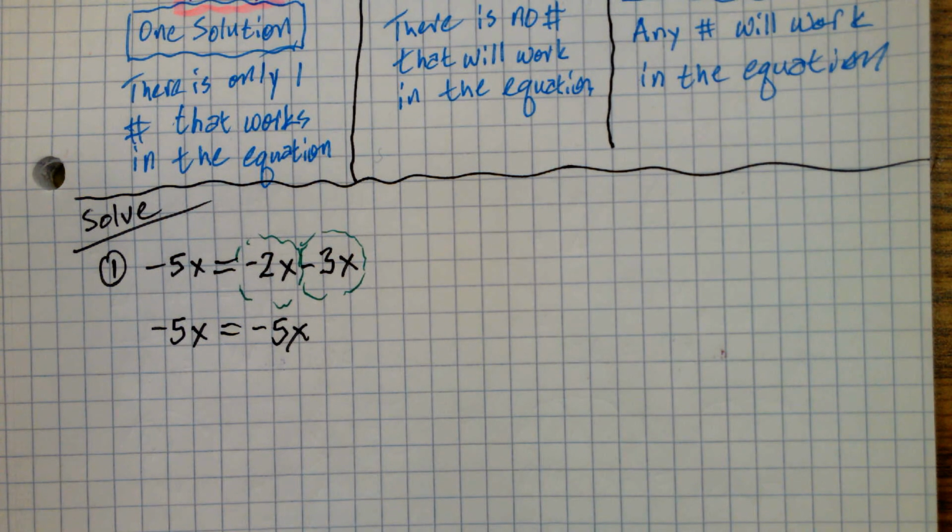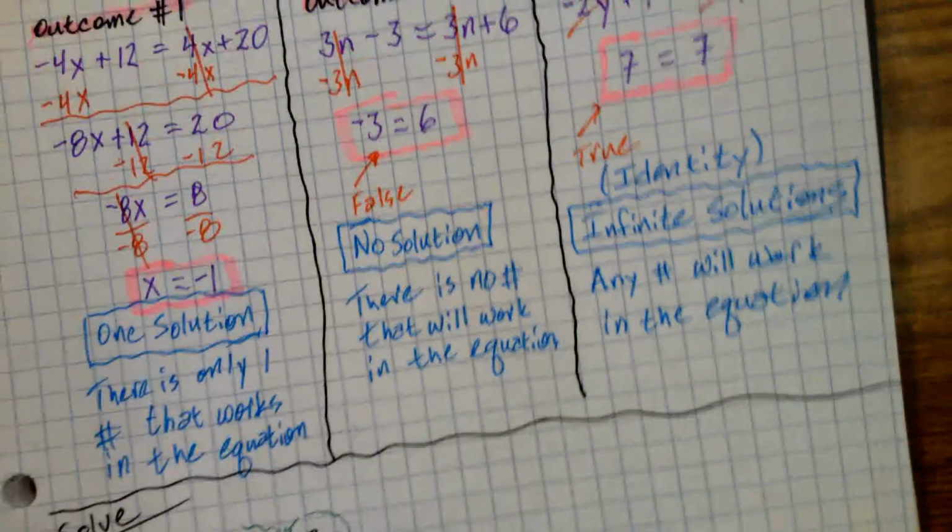I get negative 5x equals negative 5x. So check in with your partner. What do you think that means if I end up with that? Negative 5x equals negative 5x. Which one of our cases does that fit?